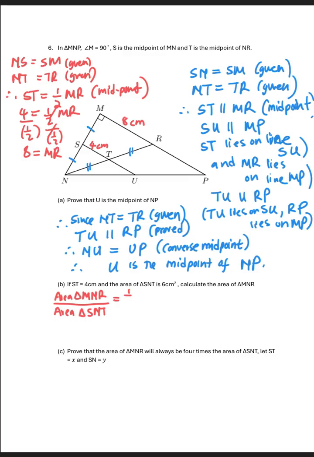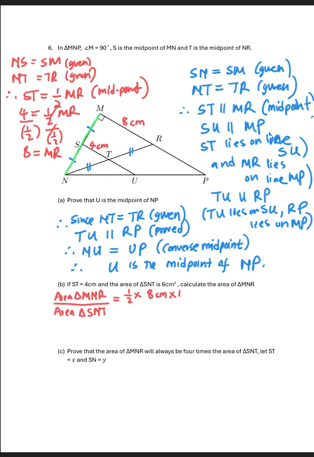What is the base of triangle MNR? The base is 8 centimeters, so we have 8 centimeters as our base. What is the height of triangle MNR? The height is MN. So this is the height right here, in the bigger triangle.